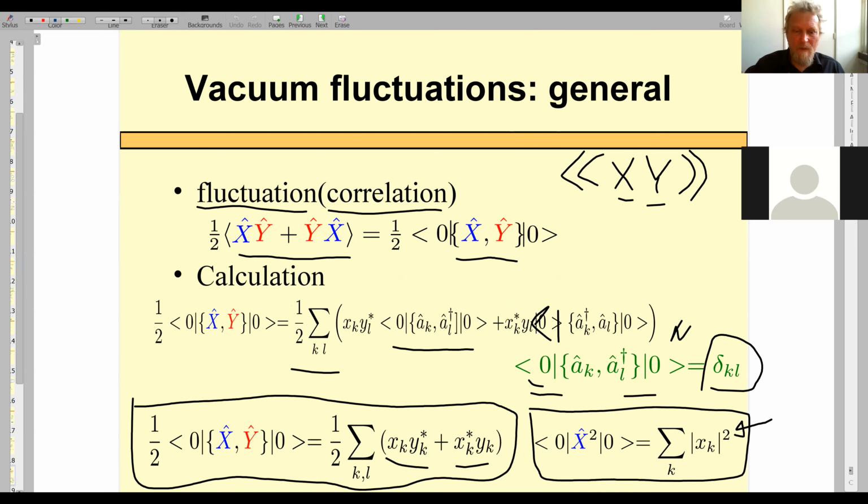Let me do the same for vacuum fluctuations. Wait, there was a question. How did pi cubed become pi squared in the denominator of the prefactor?